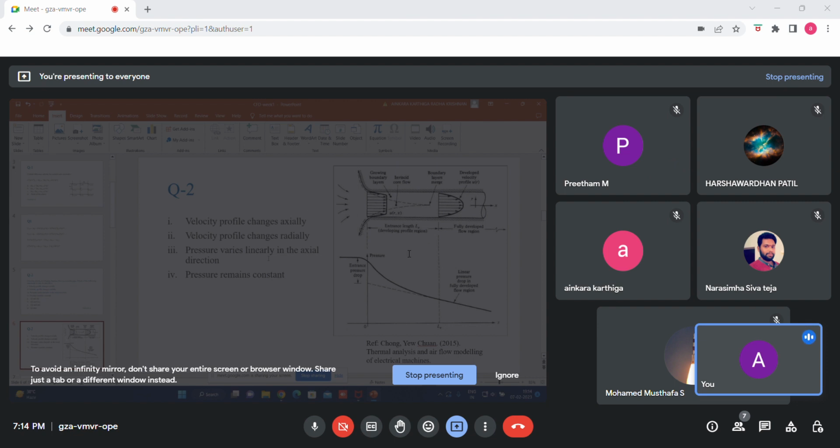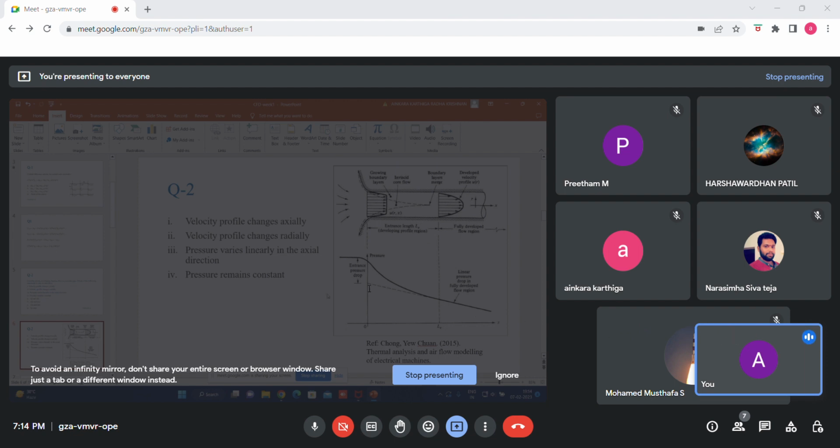And when considering the pressure change in this flow in the circular pipe, it can be seen that the pressure initially decreases abruptly to a certain extent, and then it becomes a linear change in the fully developed flow.